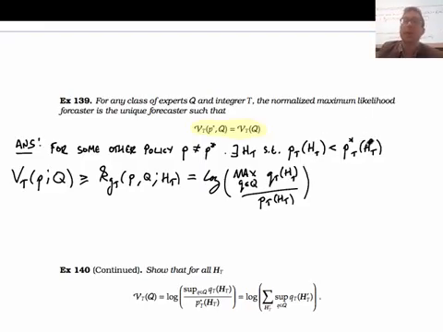And then what I can say is, well, my policy for this h gave a higher weight. So this is definitely less than the predictions from my policy.